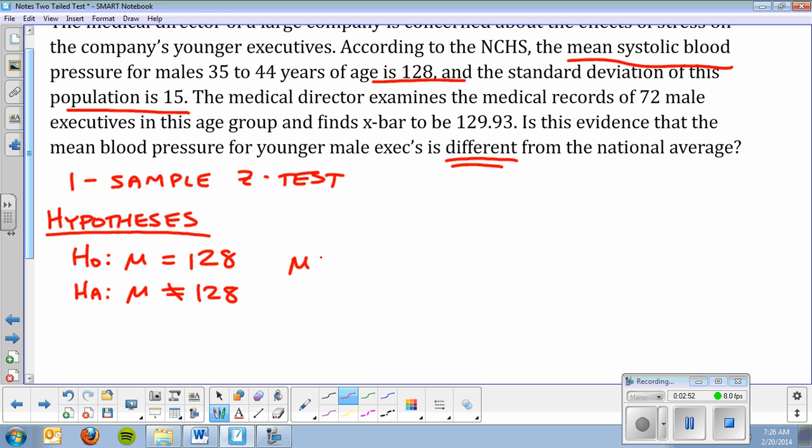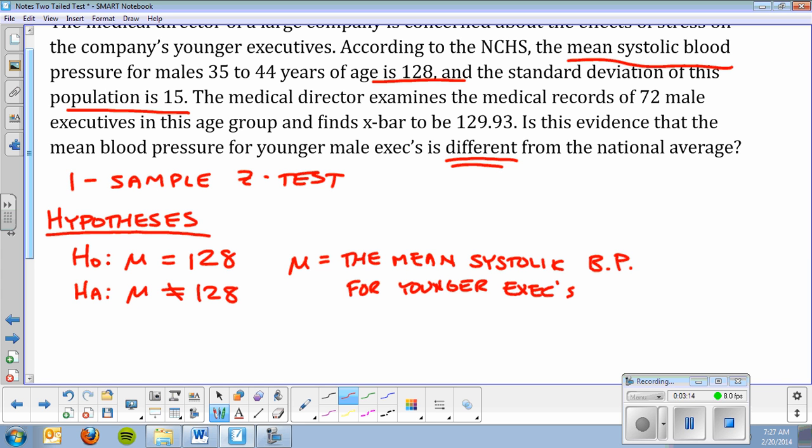And of course, I'm going to identify my parameter: mu is the mean systolic blood pressure for younger male executives.